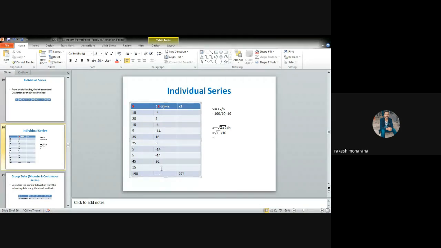Then after you put the squares, the square of 14 is 196. Square of 16, square of 6 is 36.